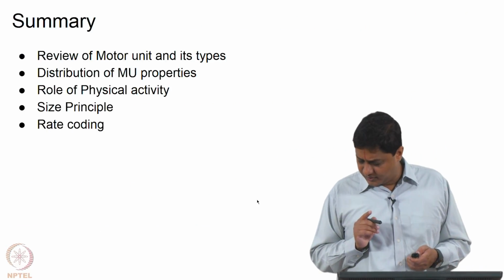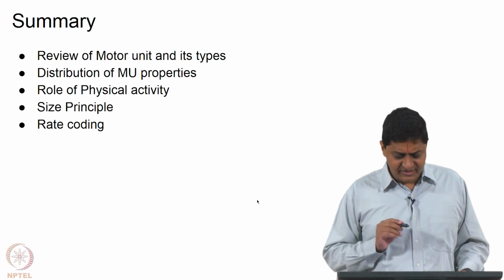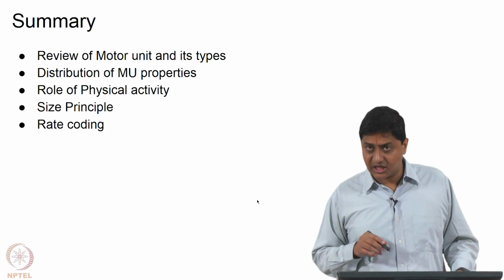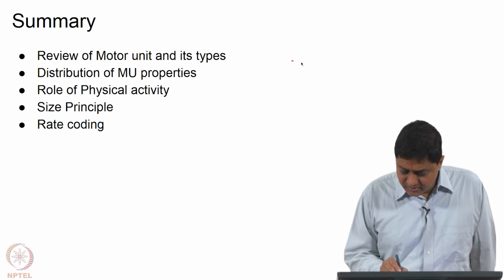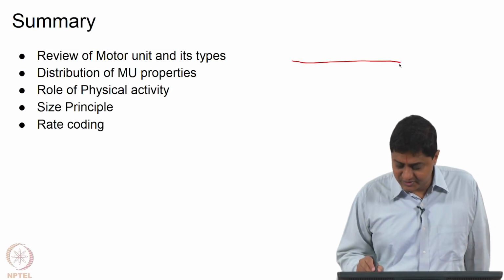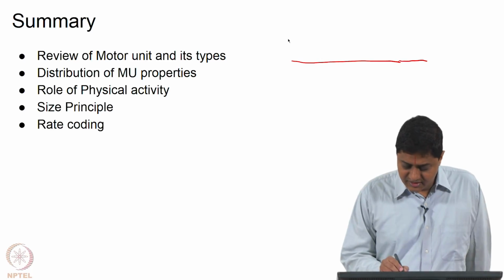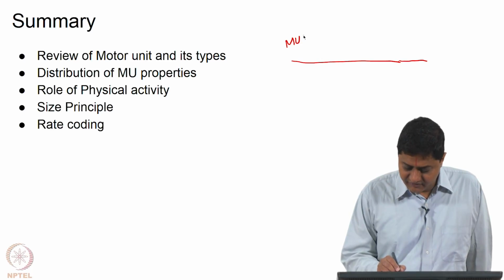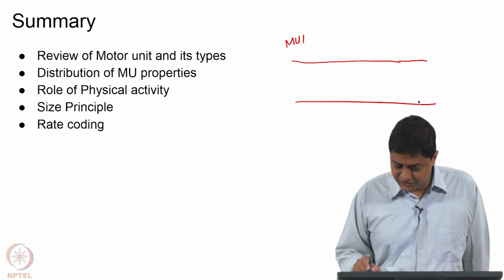So, to review one important principle before we summarize this and talk about the next class, let us take two cases. To illustrate, let us draw the activity of motor unit 1 here, and I am going to draw force.